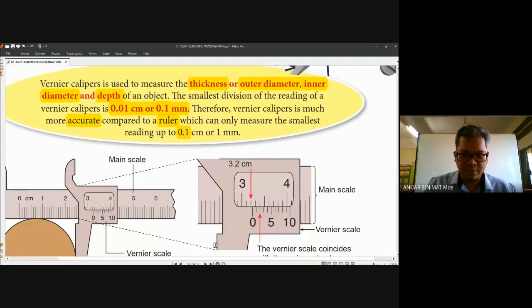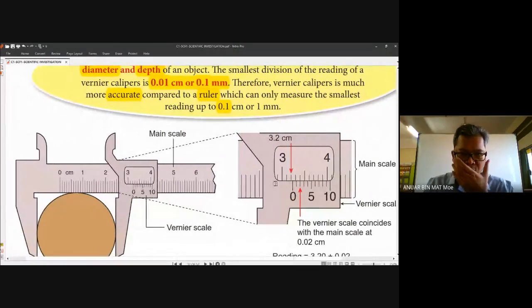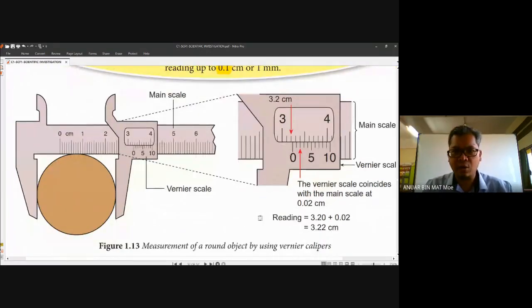So later on, I will try to give you some instruction on how to read it. This one I will skip. Later on, I will give you some video on how to use the vernier caliper. Right? This one never mind.